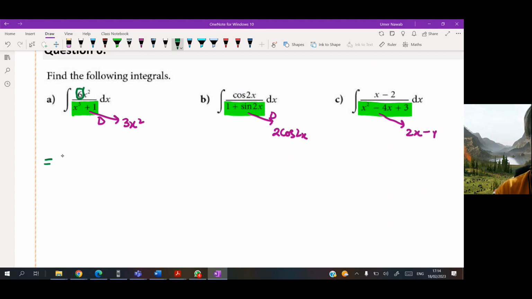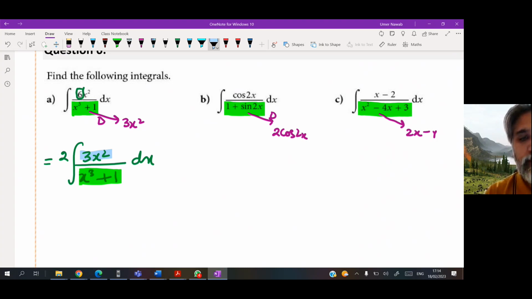So take the 2 out and write here 3x squared over x cubed plus 1. Now you will say, Mr. Omar, I have the derivative on the top. This is just an adjustment which I'm going to make. 2 is missing. Divided by 2, multiply with 2. Now you have the same thing in the numerator.